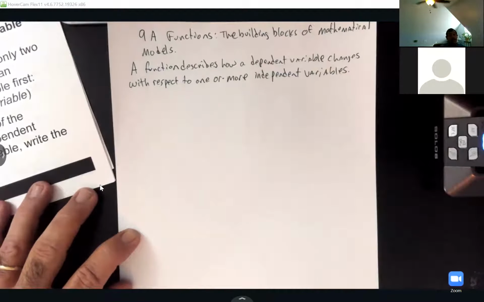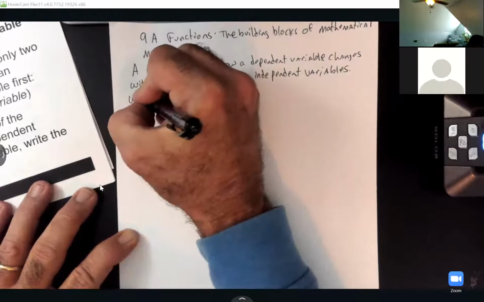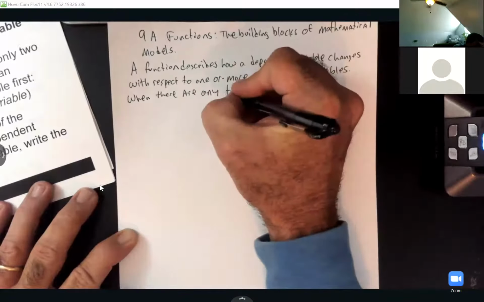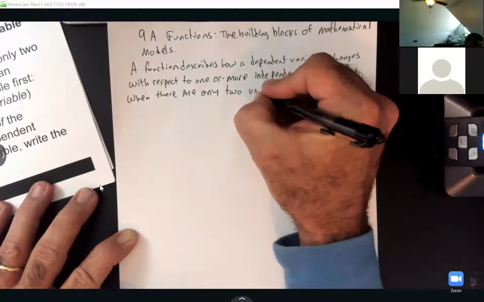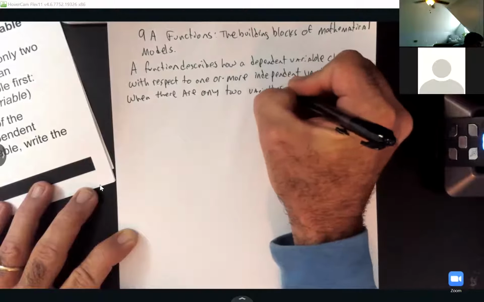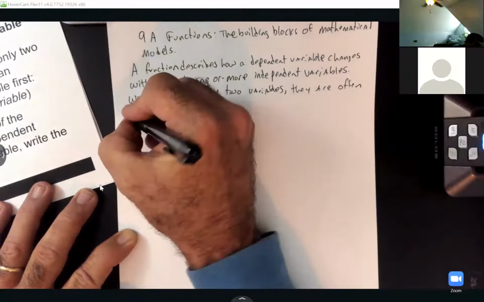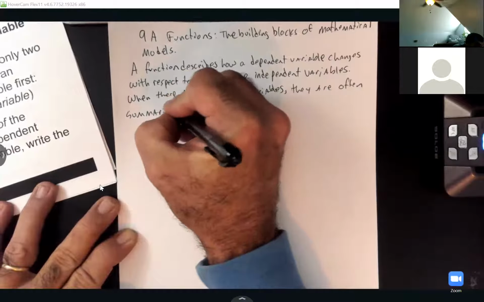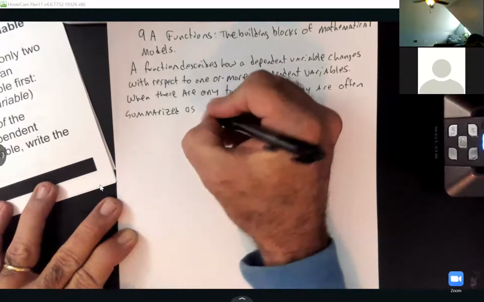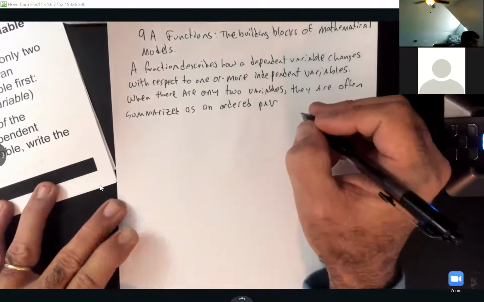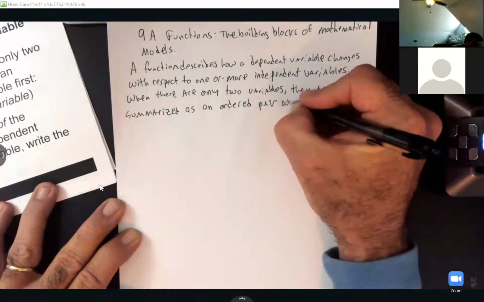And typically when there's only two variables, we often summarize them as an ordered pair with the independent variable first.